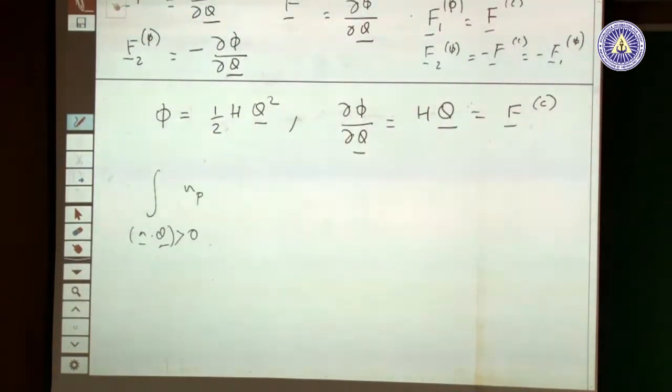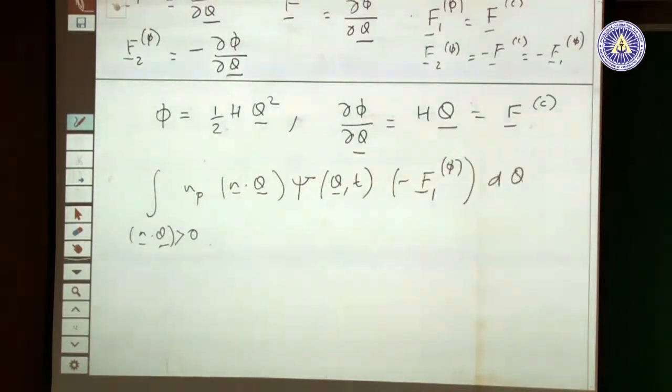So, this was n p n dot q, and now I will remove the s because I am going to talk about force per unit area. So I will divide by s, times the probability that you have the connector vector q over there, times minus F1 phi. This is the total contribution if I integrate over all possible q vectors such that bead 1 is on this side and bead 2 is on the other side.